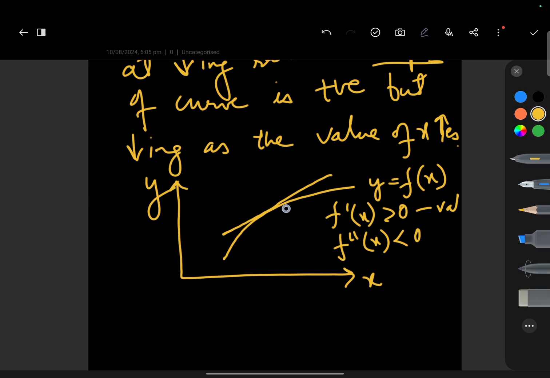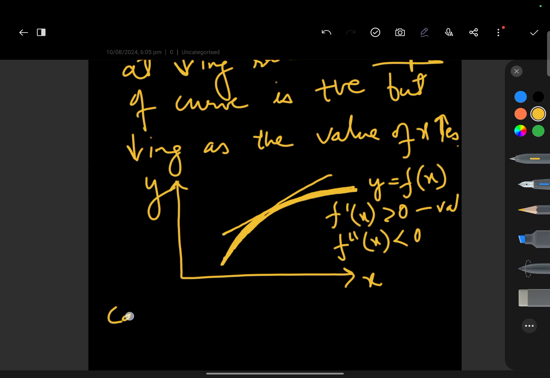So this curve is concave downwards. This is concave downwards and convex upwards, or simply convex. So with this combination we come to know the slope and rate of change. It means this is increasing but at a decreasing rate as x increases.